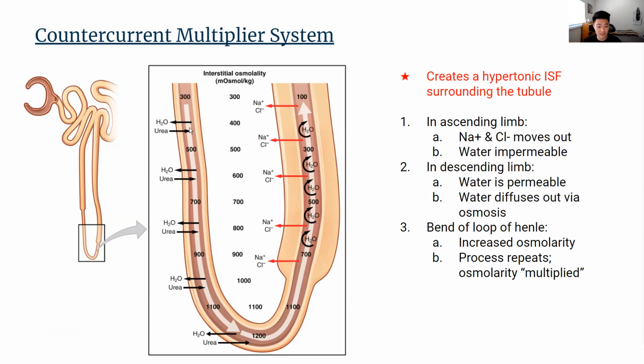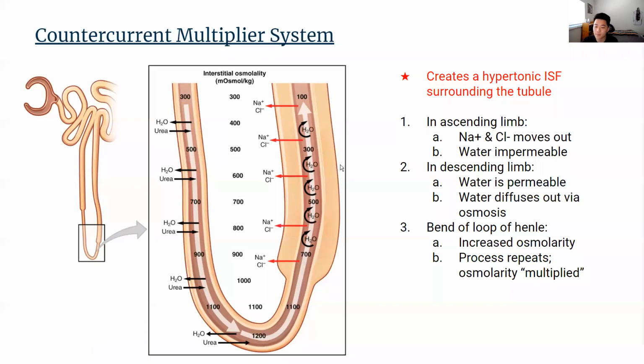Now, when water leaves the descending limb, it makes the descending limb more and more hypertonic, right? See, at the bend of the loop of Henle, it makes it more salty. Okay. Now you can see where this is going, right? If the process just keeps repeating itself, the osmolarity, the saltiness is going to multiply. Hence the name, the multiplier system, right?